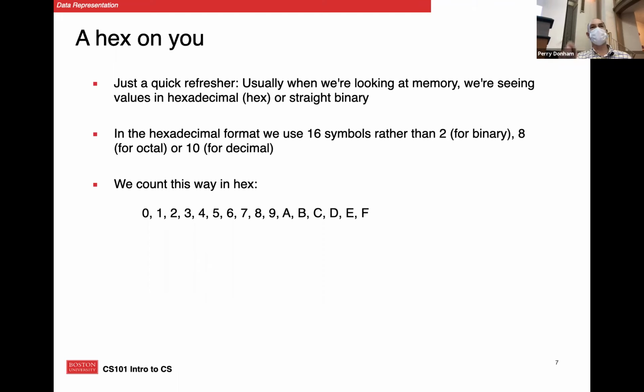Numbers in decimal are expressed as base 10 numbers, and we'll see what that means in a sec in terms of hex. Octal, for example, octo means 8. So in octal, I've got 8 symbols, 0 through 7, and my numbers are expressed in base 8. In binary, how many symbols do I have?